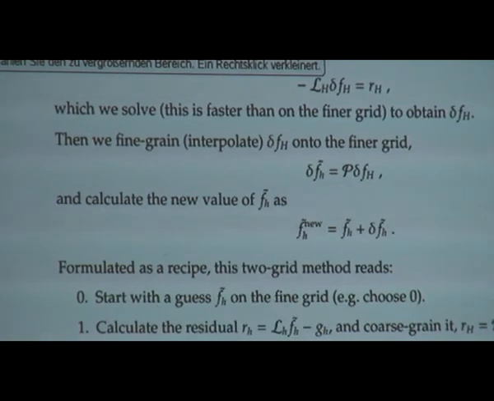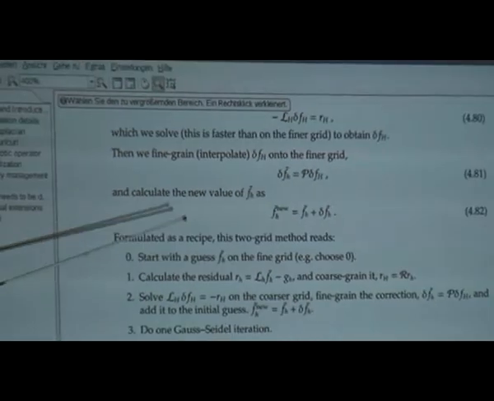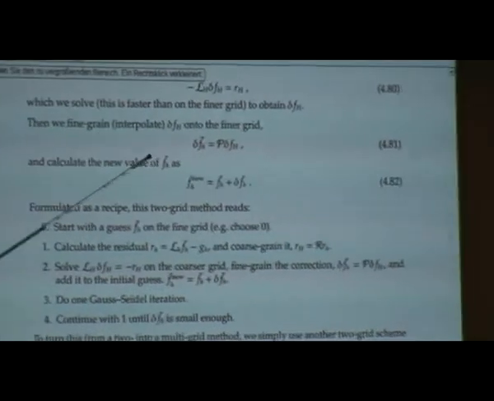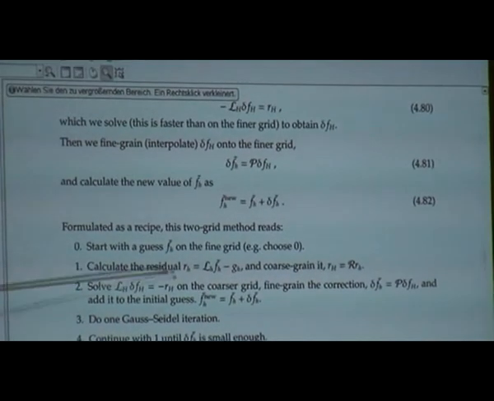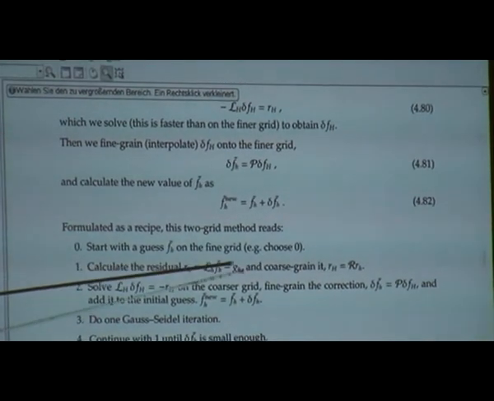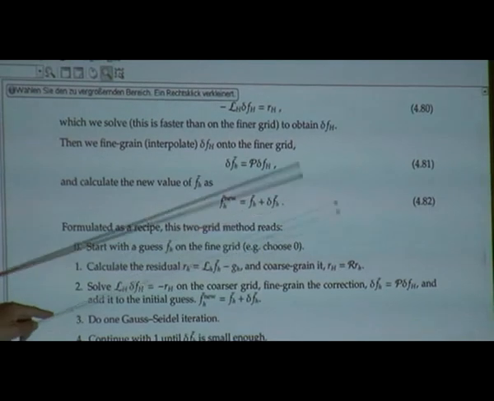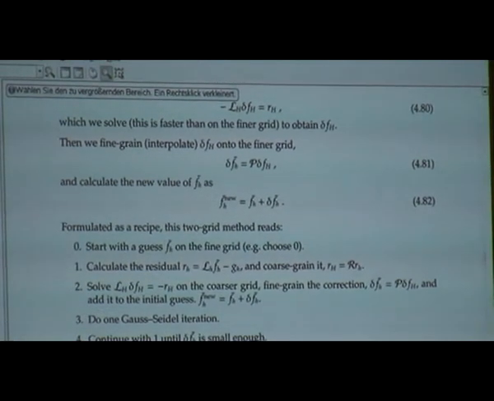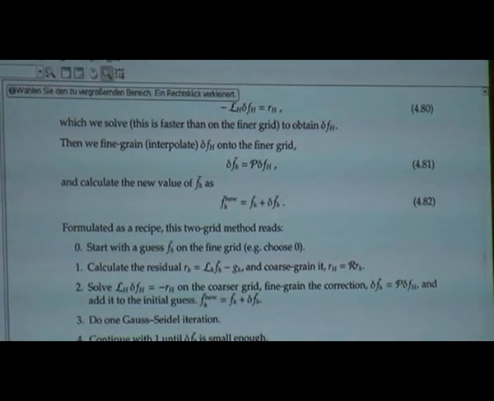So, what you do if you have just two grids to start with, is you start with a guess on the fine grid, and that guess, if you're lazy, will just be your function phi. Maybe I should write down the equation we're solving after all.